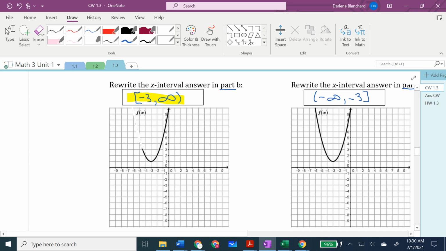Look at that. And we are actually only looking at this half of the function that we began with.